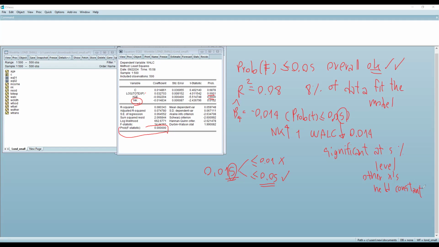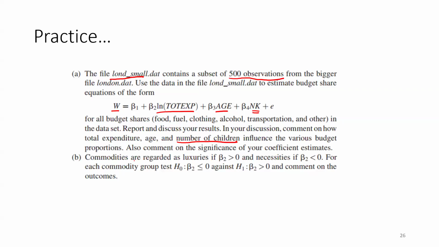Okay, so next is question B. Question B says that commodities are regarded as luxury if beta 2 is greater than zero and necessity if beta 2 is less than zero.